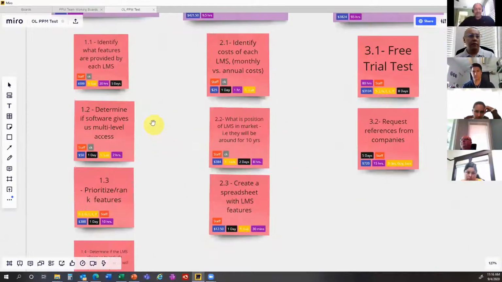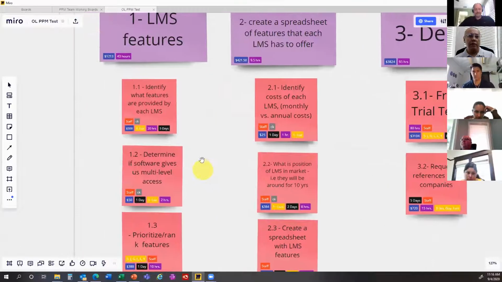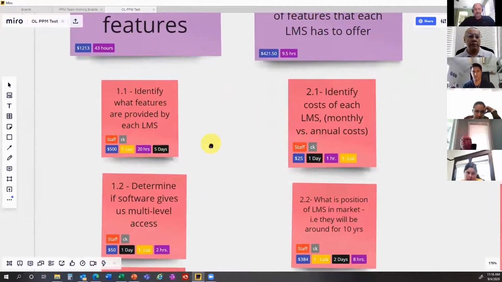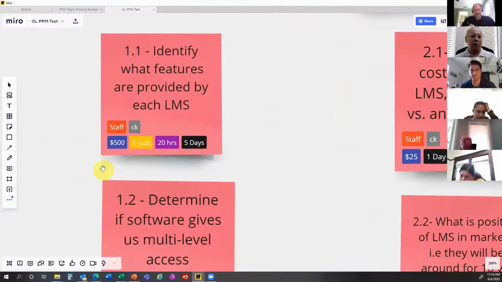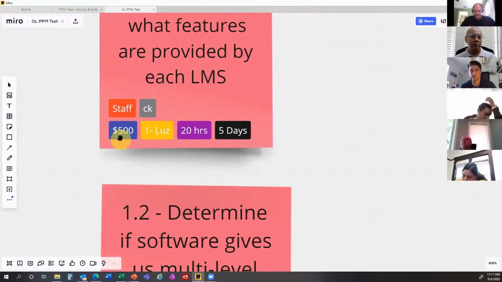Okay, good. So if you look at this, I have total hours, which is in purple. And I forgot what rate was being used for this one, but here in blue is the total dollars.